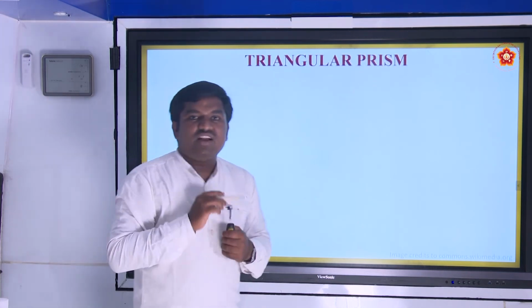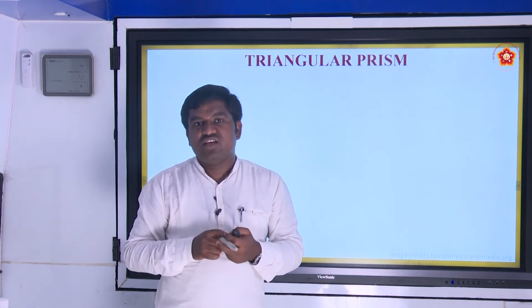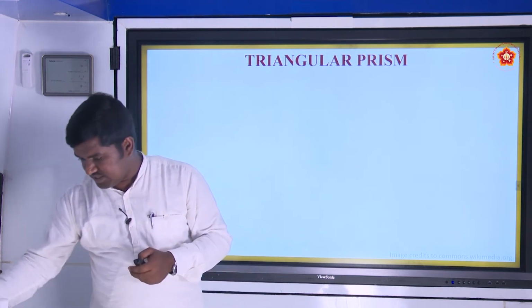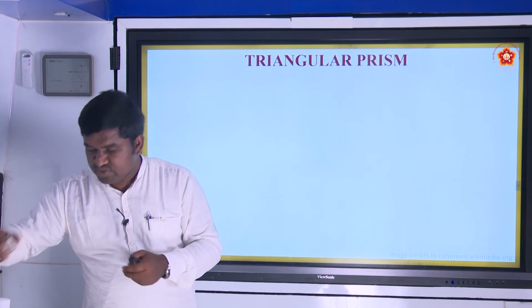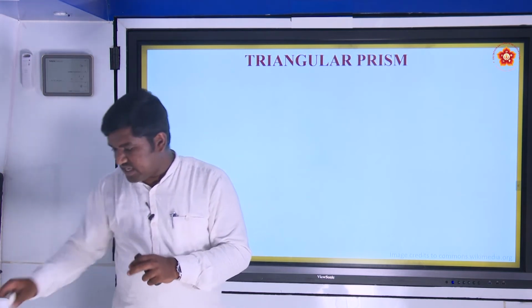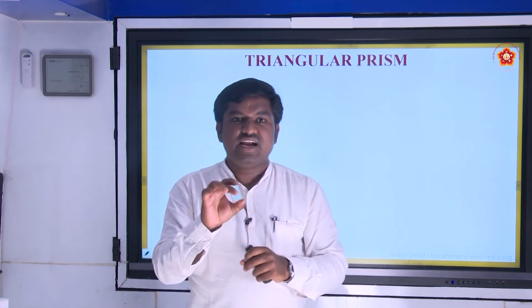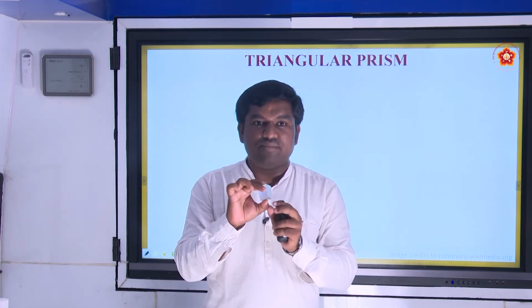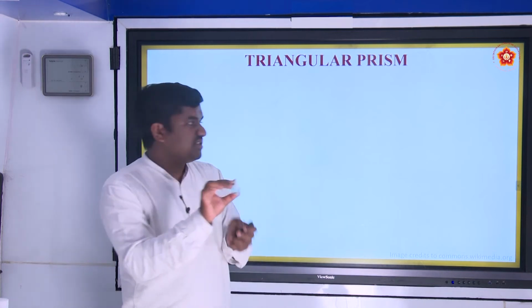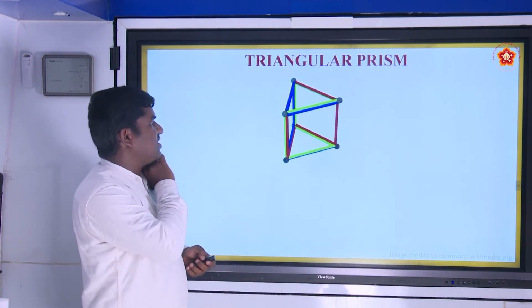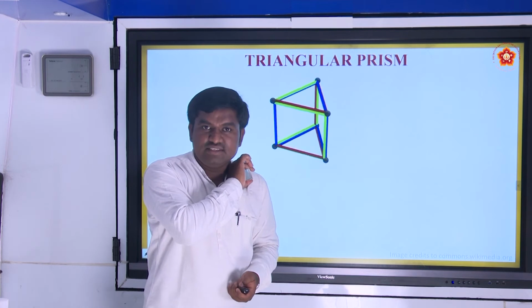Triangular prism. Do you know a triangular prism? I will show you. In the science laboratory, are you using this? Yes, this is a triangular prism. It looks like this.